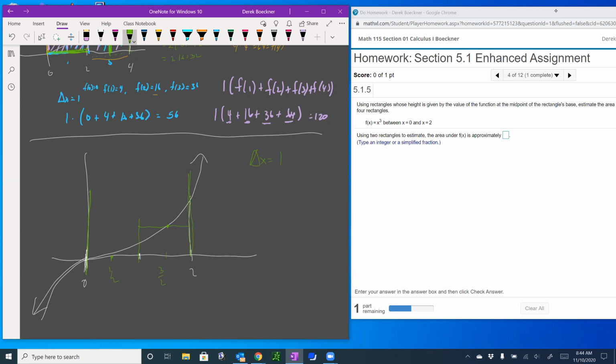So this is going to have two rectangles. They still have a width of 1. But I'm going to use height f of 1/2 and height f of 3/2 as the heights, right?